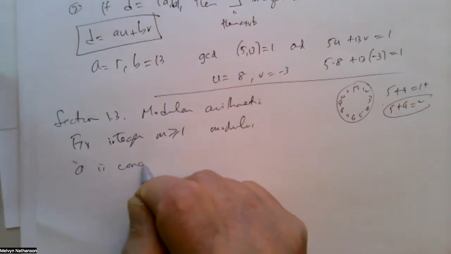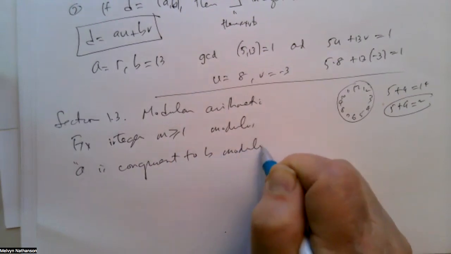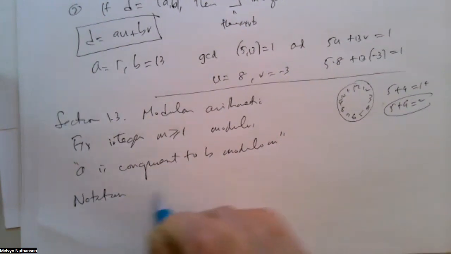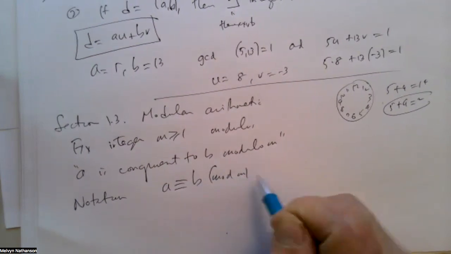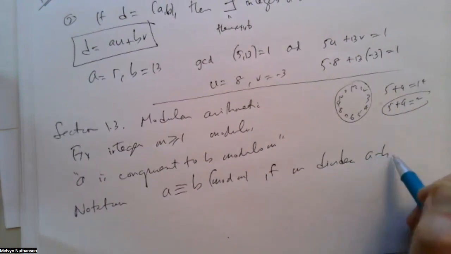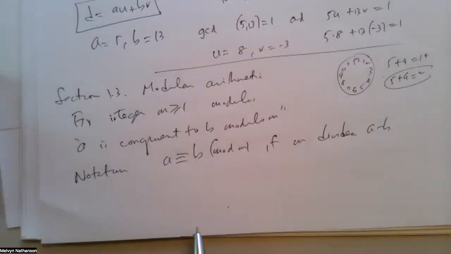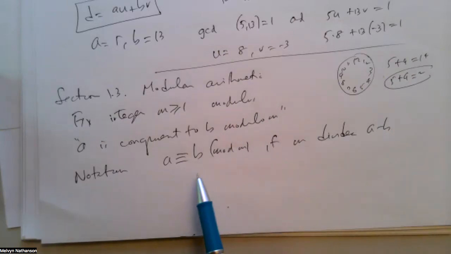A is congruent to B modulo M. And the notation for this, A, 3 lines, B, mod M, if M divides the difference, A minus B. All right? So that's all there is to it. If M divides A minus B, we say A is congruent to B mod M, and we write it like this.